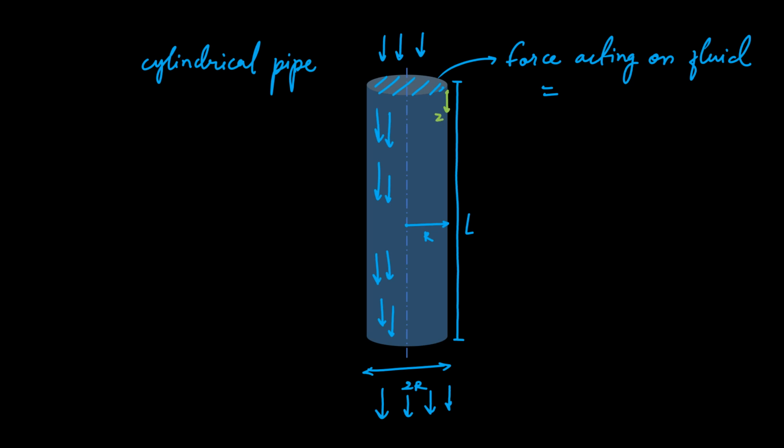This is Z direction, this is R direction and this is theta direction. Rotation of the fluid would be in theta direction, but this fluid is only moving in Z direction due to gravity. It's falling from the tube.